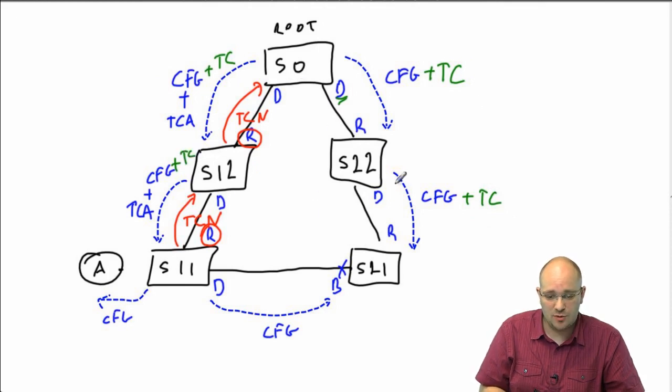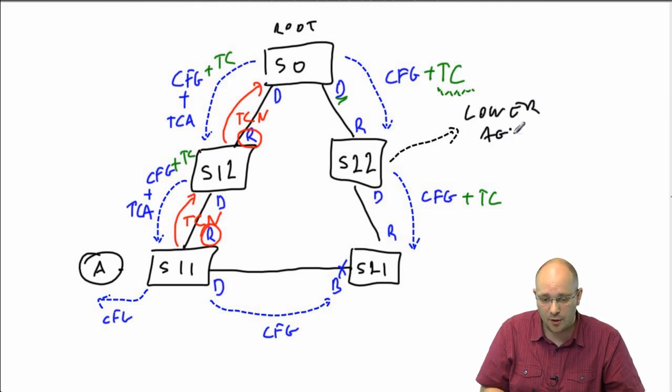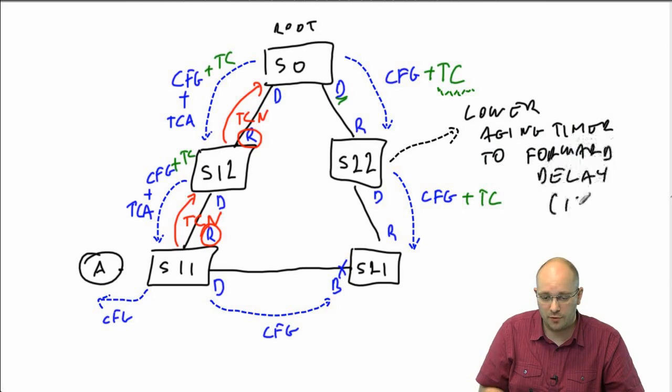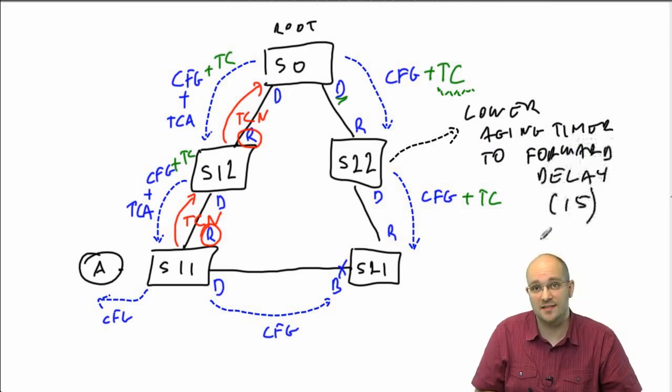Once any of these switches receive the TC bit set to 1, what this is going to do on this switch here, it is going to lower the aging timer from the default to the duration of the forward delay, which by default is 15 seconds.